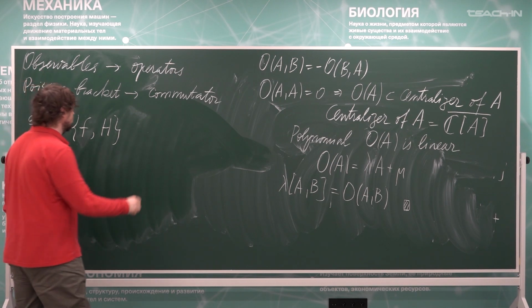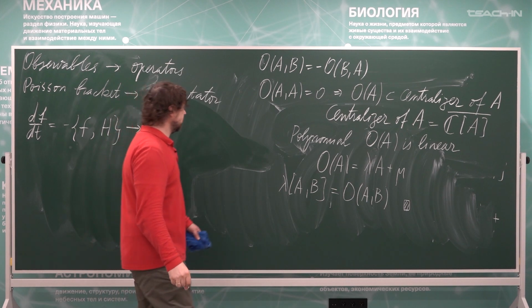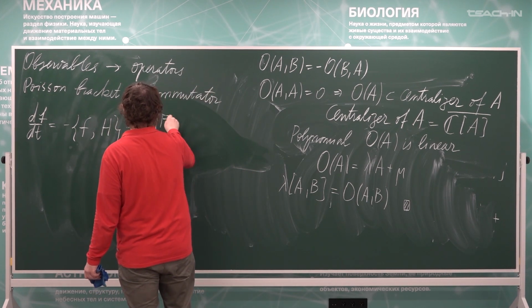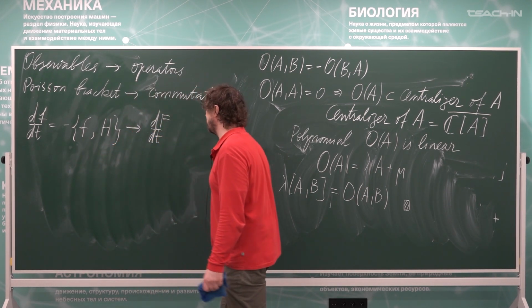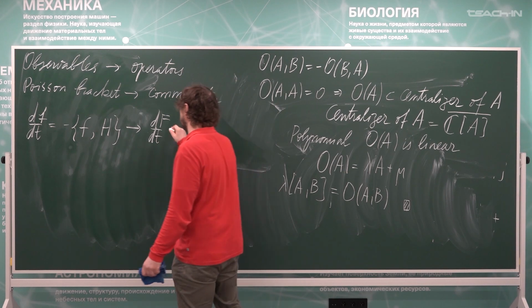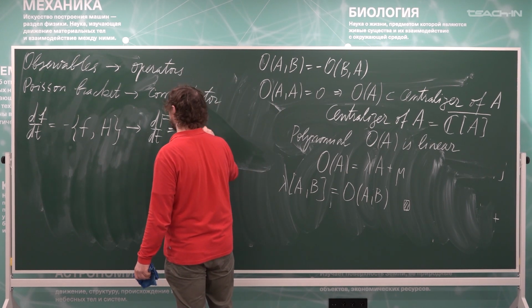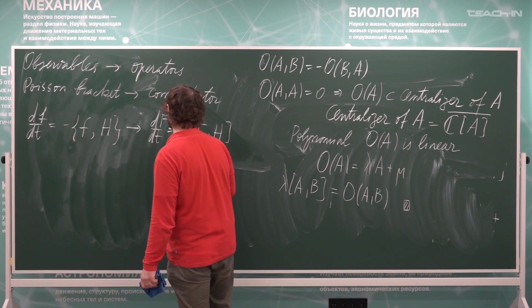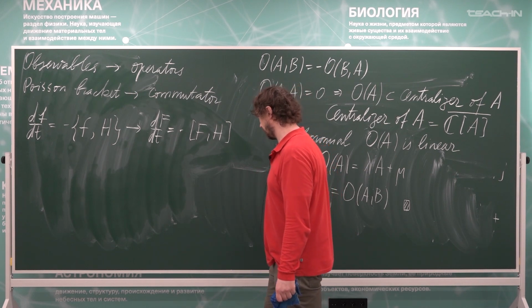Now, if we look into it naively, this should be replaced by the equation df dt, so that is to say we consider operators dependent on time, equal to minus the commutator of f and h. H is the operator corresponding to the Hamilton function of the system.